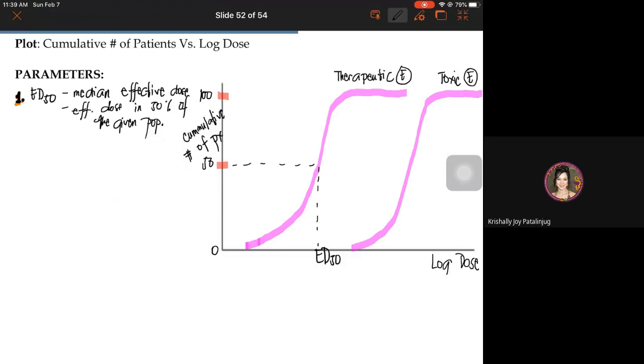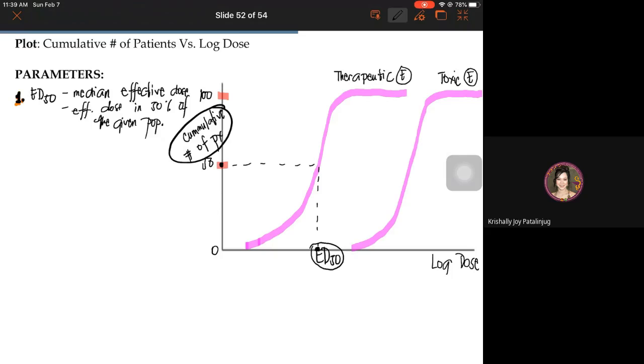This would be the effective dose that is observed in 50% of the given population. Example, we have 100 total of population, 50% of that, ano ba yung observable effective dose sa kanila? So that would be the effective dose, median effective dose.